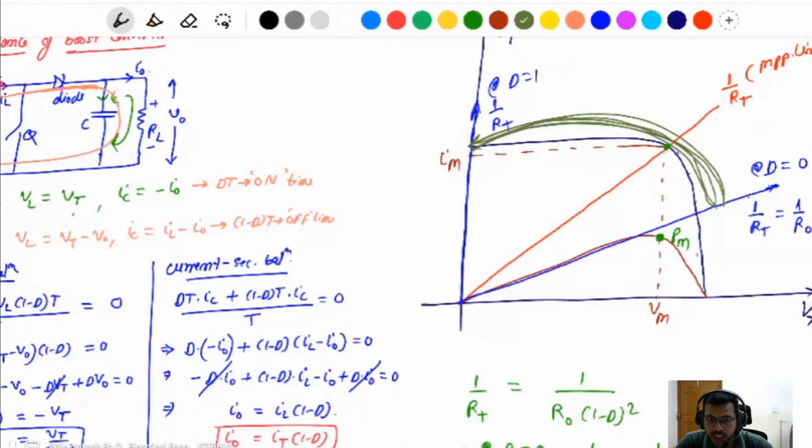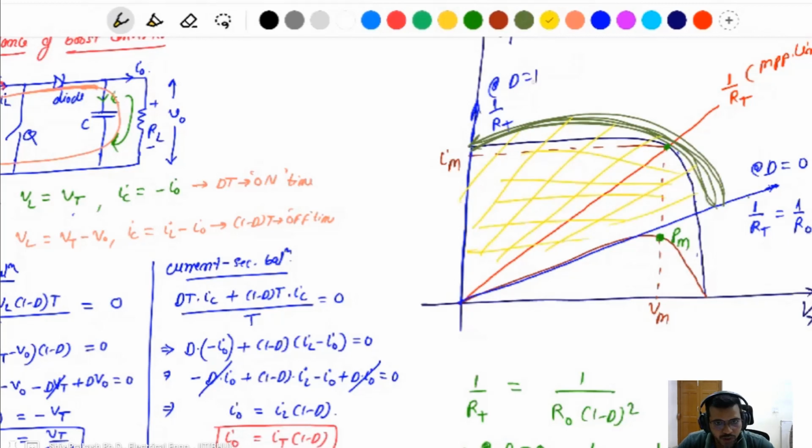In this region, if a maximum power point is available, then you can get the maximum power from the PV. If the maximum power line is not in this region, then you can't get the maximum power in a boost converter system. In a boost converter, this is the region to get the maximum power only.